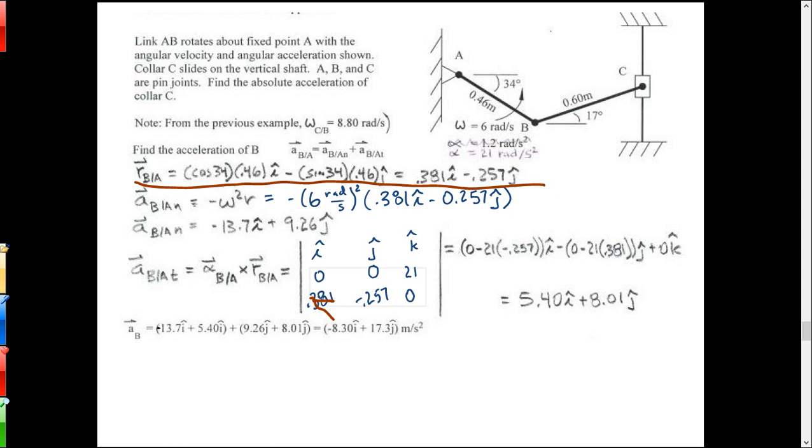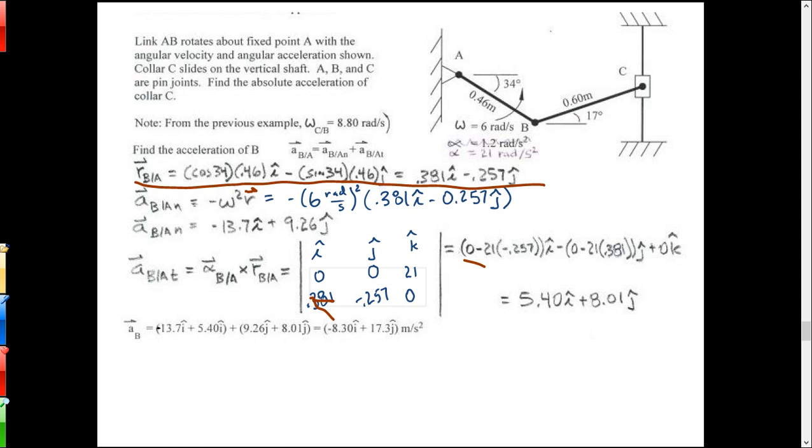So it's 0.381i minus 0.257j. Then I go ahead and find the normal acceleration of B with respect to A. It's negative omega squared r. So the negative goes outside: negative 6 squared, and 6 squared is 36, so negative 36 is what that would be.